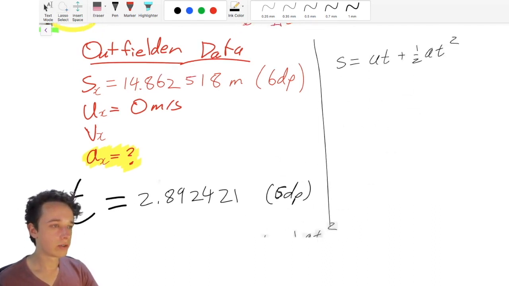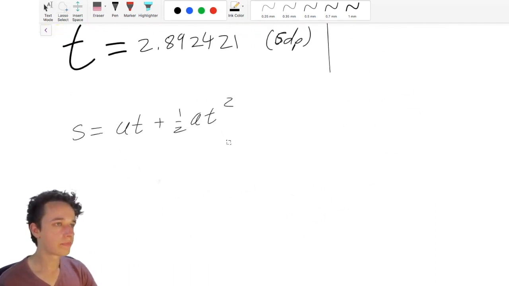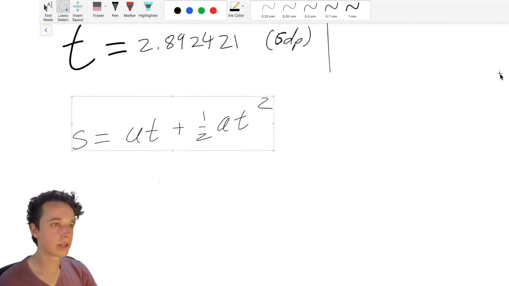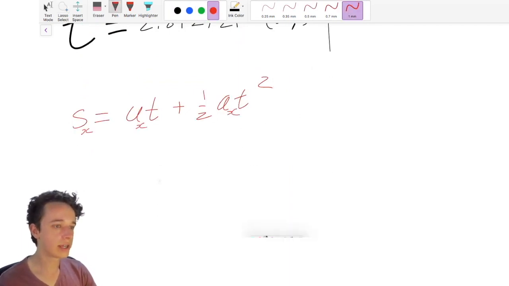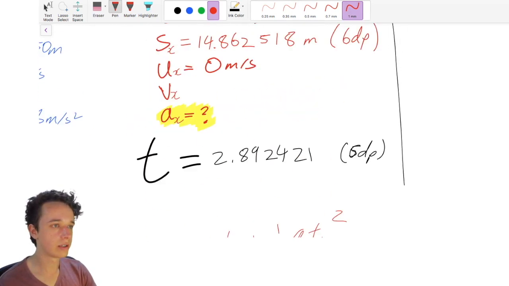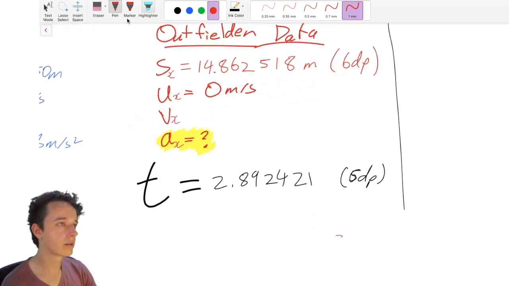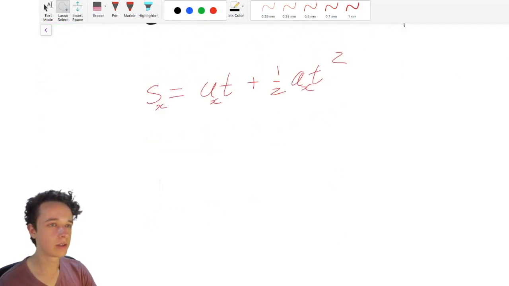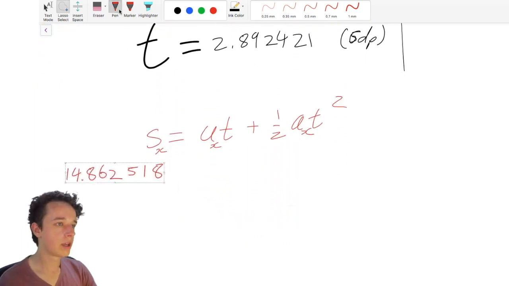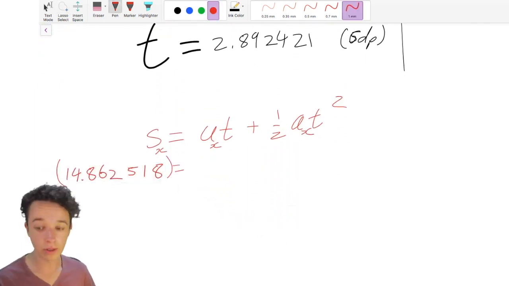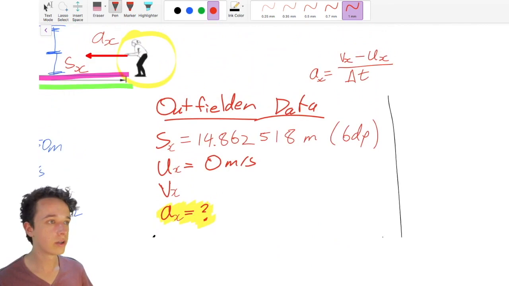And maybe I'll write it down here where there's more space. Okay, so now we're considering the outfielder, and this is in the x component. So sx is this number here, which I'm not going to rewrite. I'm just going to copy. And ux, the initial velocity in the x direction, what was that again?